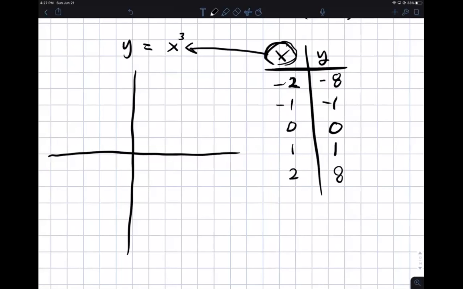So now let's try graphing it. It would be -2, -8, something like that. And then -1, -1, 0, 0, 1, 1, and then 2, 8. Does this look familiar?